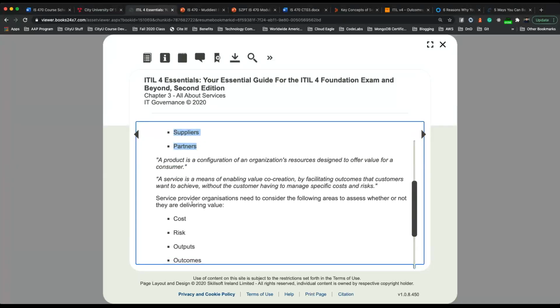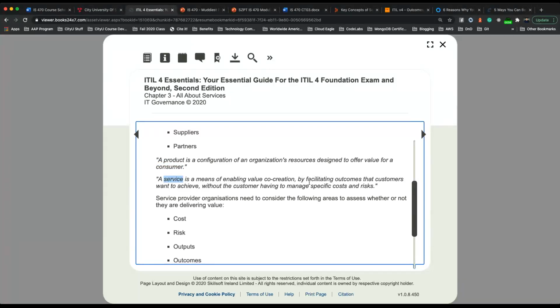Okay. A product is a configuration of an organization's resources designed to offer value for a consumer, right? A product is designed to offer value for the consumer. You don't just want to create a product that has no purpose, right?